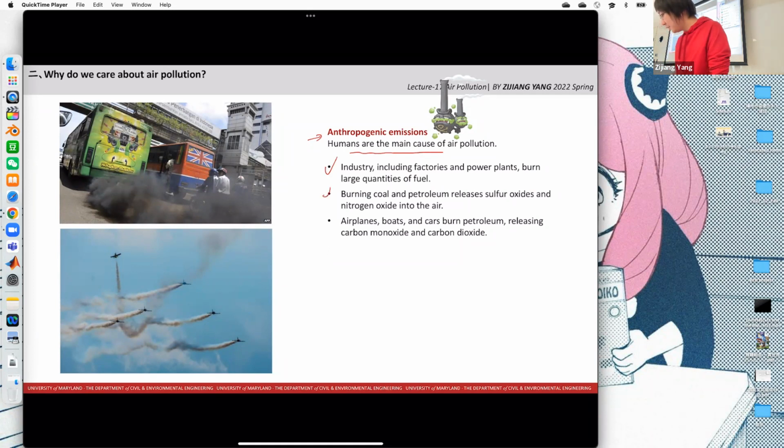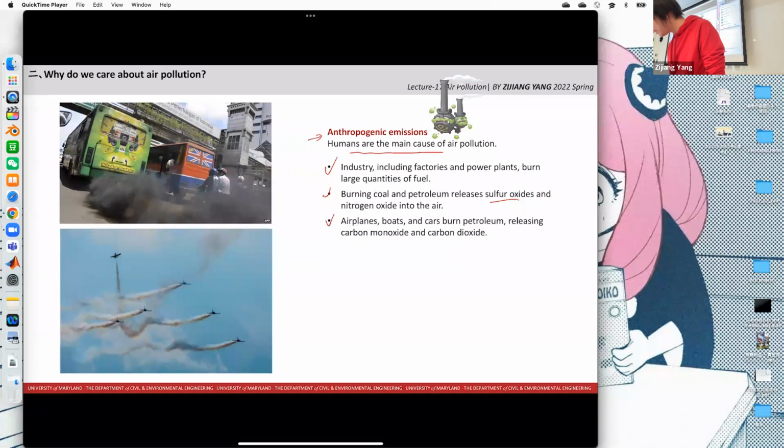Burning coal and petroleum releases SO2 and nitrogen oxide into the air. It may also come from airplanes, boats, and cars, the vehicles or transportation. Again, this can release carbon monoxide and carbon dioxide into the atmosphere.